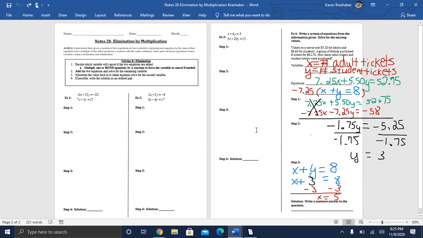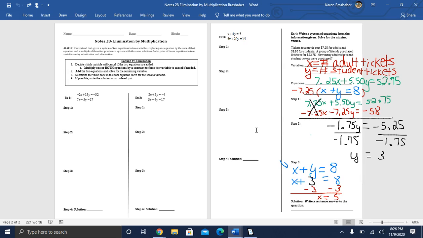I had to scroll and get this so that you could see the end of the problem. You can see that I substituted in for the y value in my equation for step 3. I have x plus y equals 8.